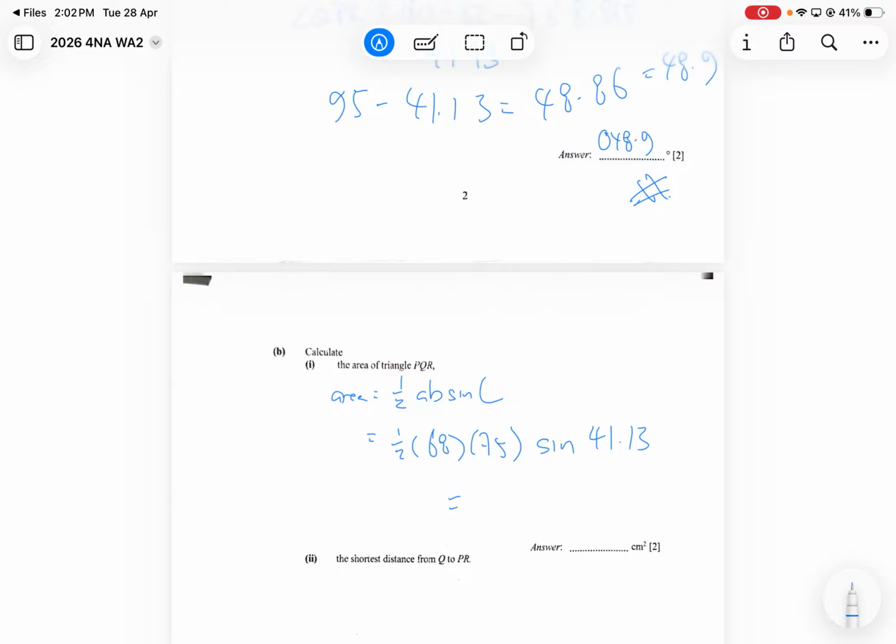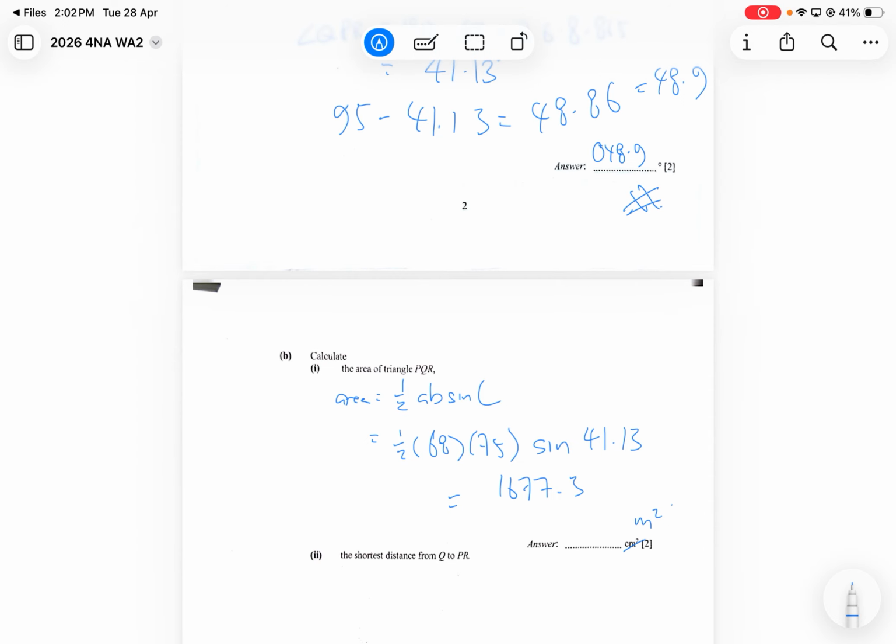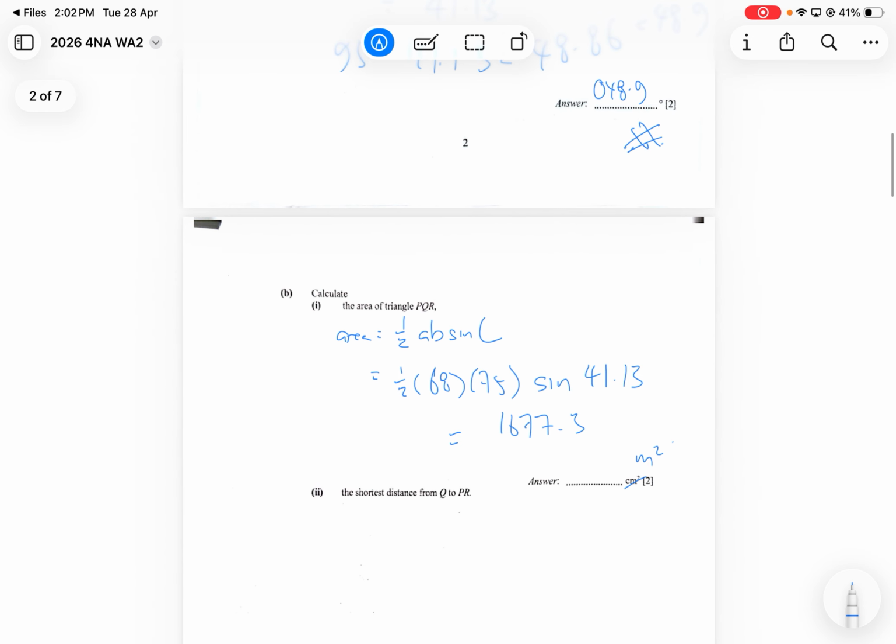Times 68 times 75 times 0.5. 1677.3 meter square. So 3 significant figure will be 1680 meter square.